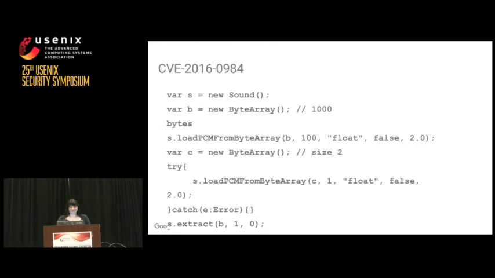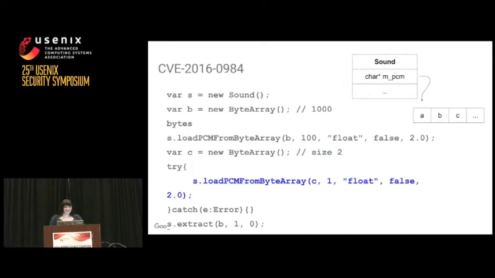Another interesting exception bug is this guy, and this is a use after free. You create this sound class, and then you create a byte array with 1,000 bytes, and then you call this vulnerable function. And what it does is it will try and copy this byte array into memory it allocates. So you can see that there. And this is actually a correct call. This one works properly. And then you create another byte array and you call it again.